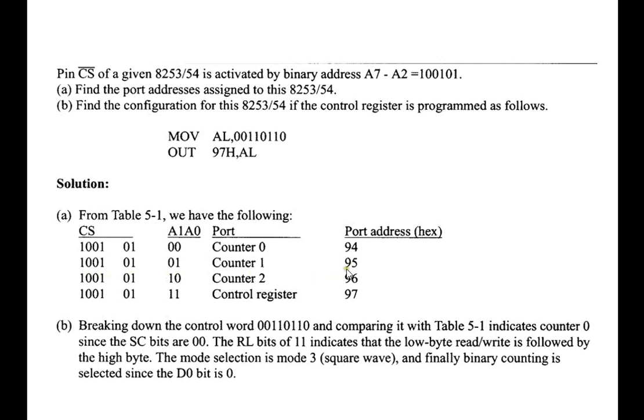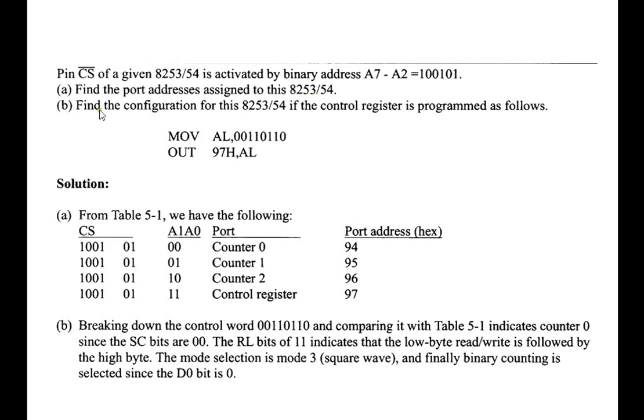Then 1001 is for 9, and 0110 is for 6. 1001 is for 9, and 0111 is for 7. So those are the port addresses that could be assigned for the 8253 and 54.